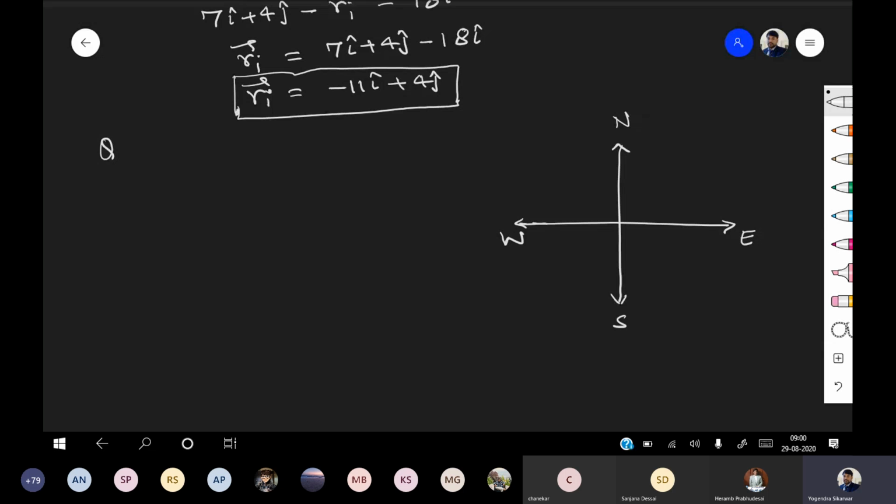Okay. So what is happening? 54 km per hour can be written as 54 into 5 by 18.